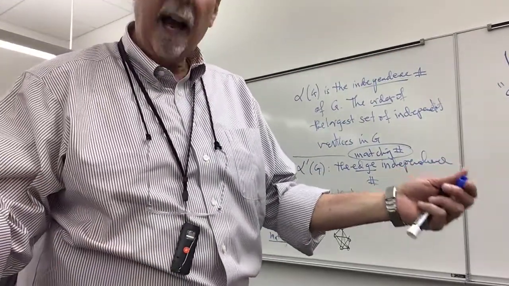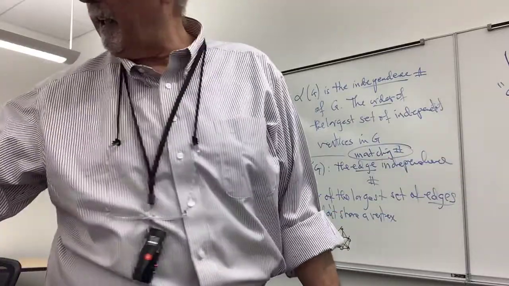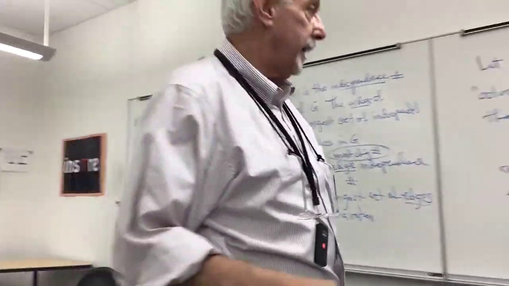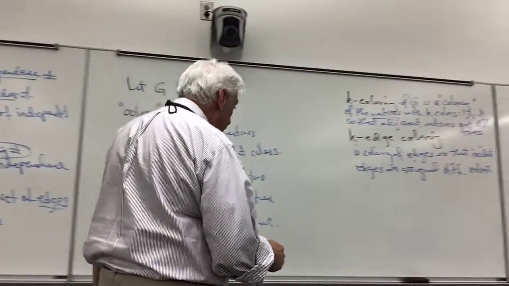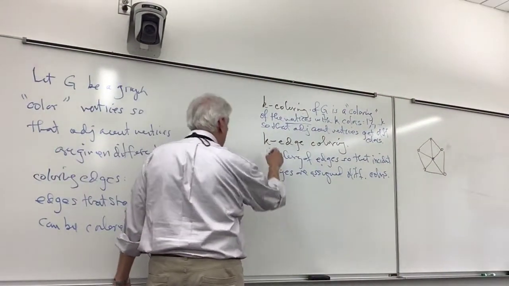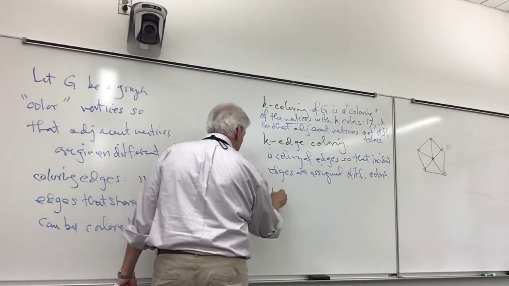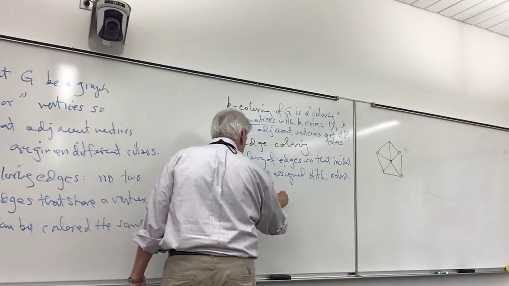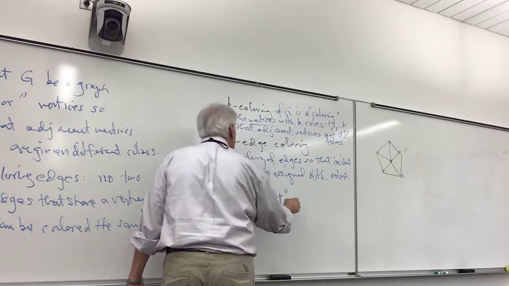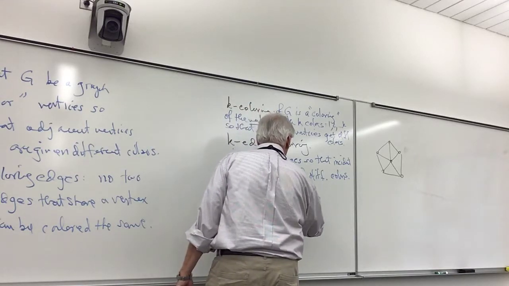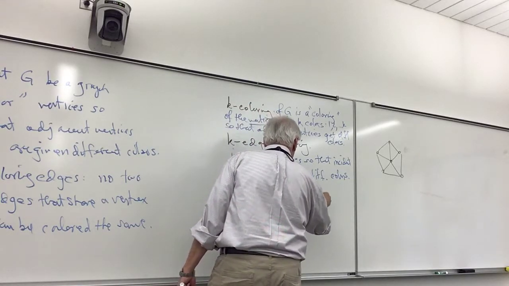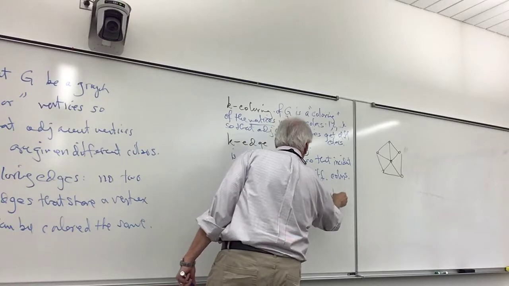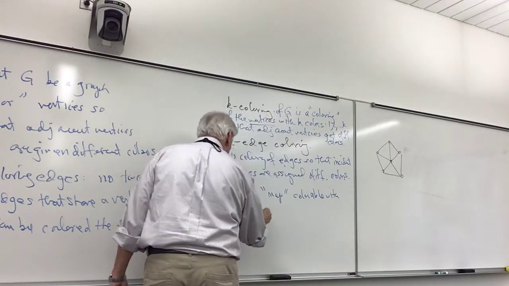And now let's take a look at the map of the United States. So what I want to know is the map colorable with 4 colors.